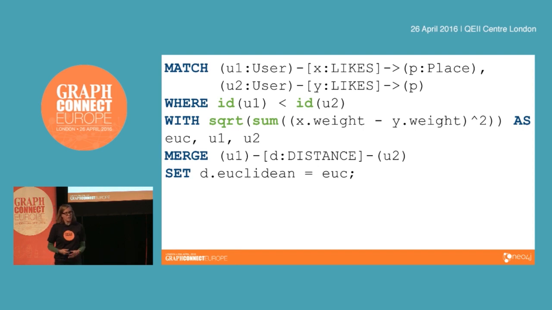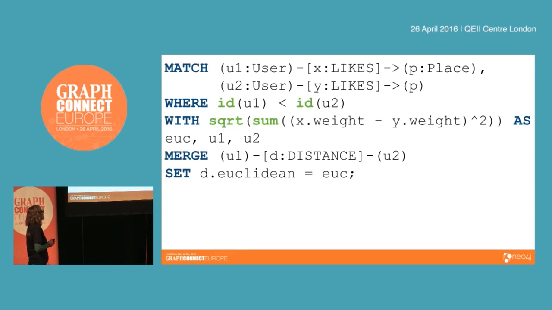And hypothetically, you could also store other similarity metrics on some relationship between users, because some might be more useful than others in certain contexts. So again, the ability to model properties on relationships in Neo4j makes stuff like this very easy.